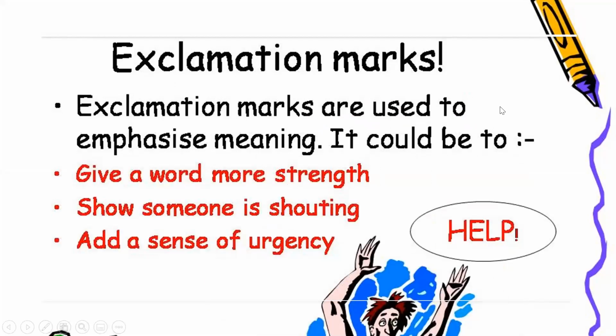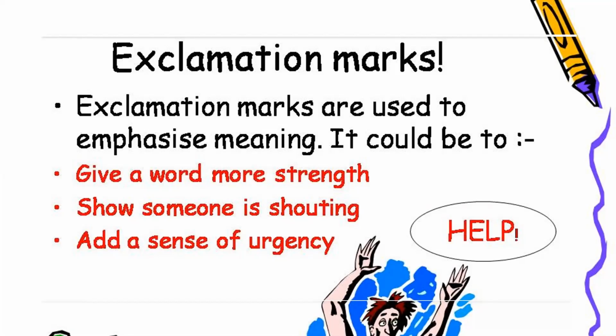Exclamation marks are also in our terminal punctuation marks. They indicate that the sentence has come to an end, and the exclamation mark is used after any interjection. At the end of any exclamatory sentence, you use an exclamation mark. What do they indicate?